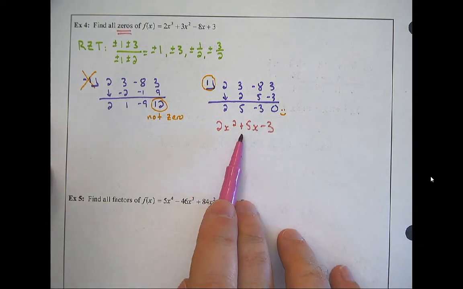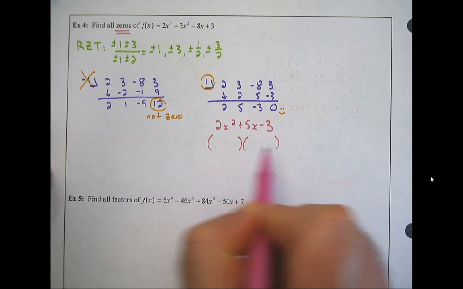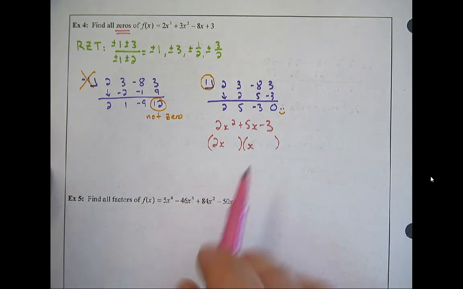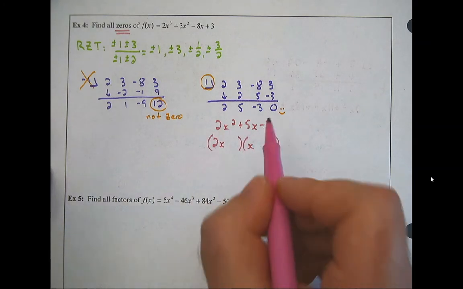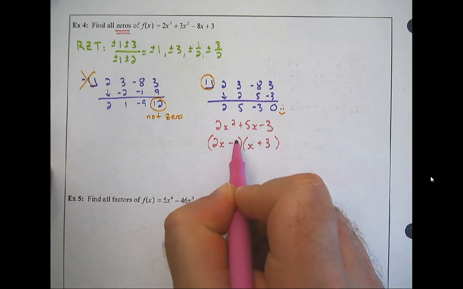And when I've got an x squared, that means that's something I can factor. All right, so I need to build a +5 with a -3. So that's going to be a +6 and a -1.